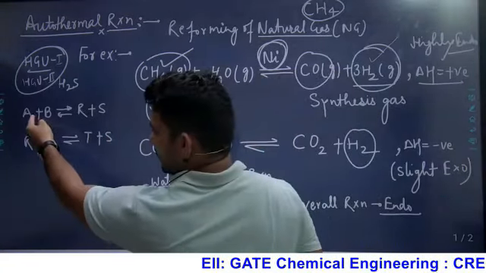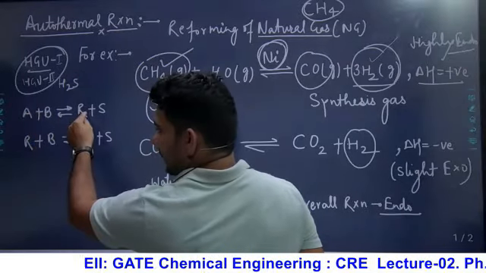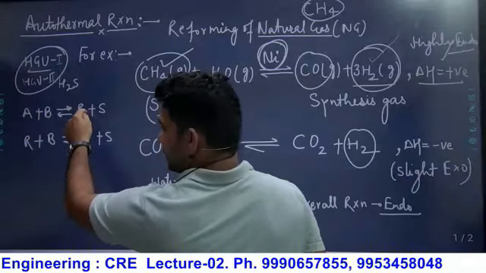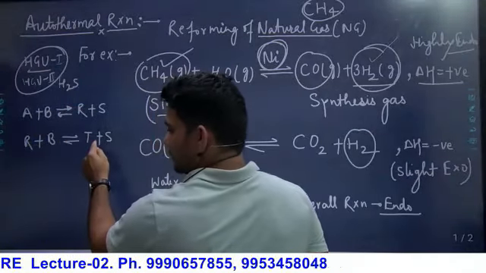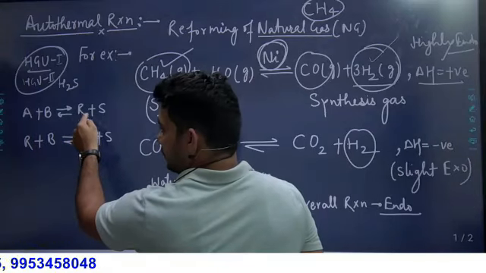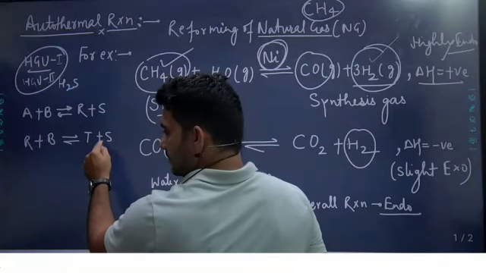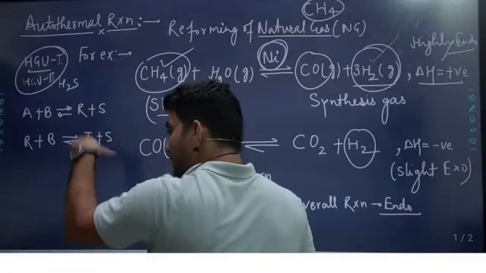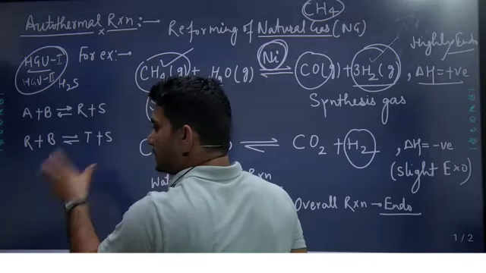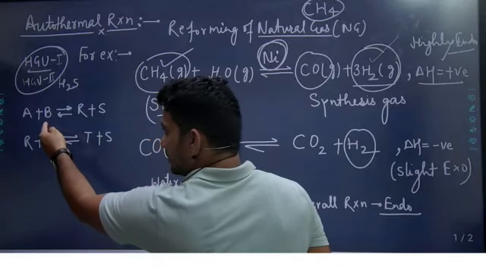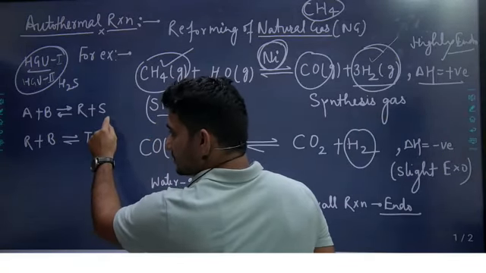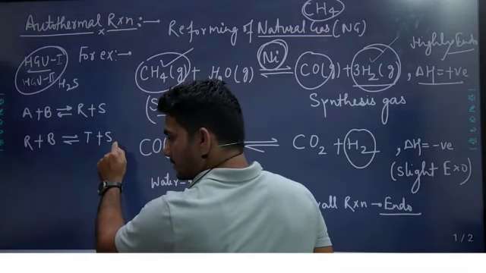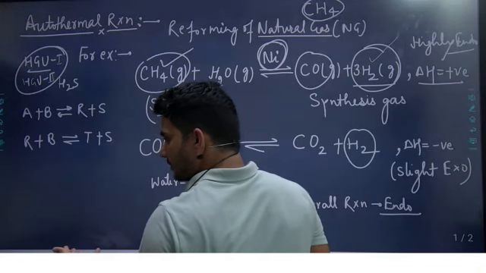This reaction is A gives R, then R is converting, A gives R gives T. So this can be the example of a series reaction, and also the parallel reaction. B is producing S, meaning R and S, and B is producing T and S. That is all about the competitive reaction.